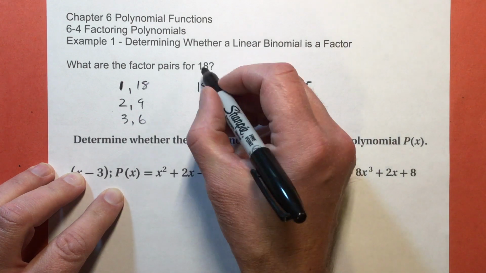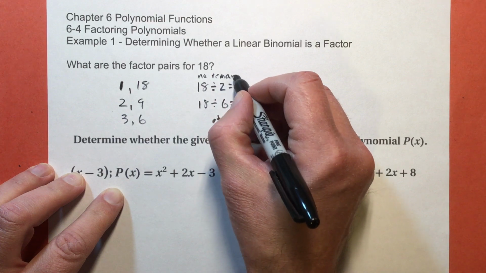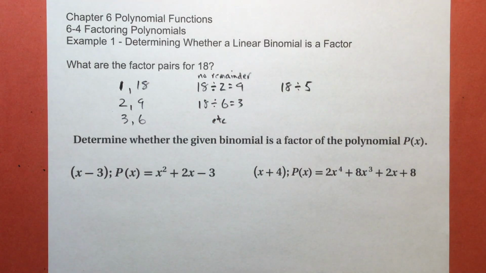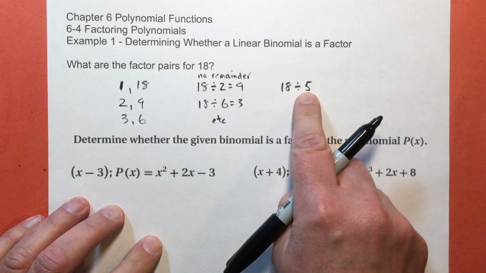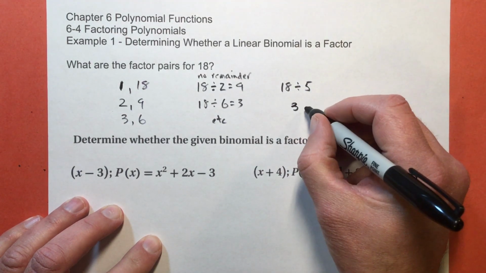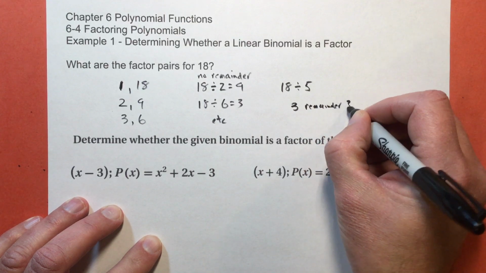Over here, I get no remainder. Why is there no remainder? Because they are factor pairs. They are all the numbers that I can pair up and multiply to give that. So if I divide 18 by any of these, I'm going to get the other number that goes with it, and I'm not going to get a remainder. But if I do 18 divided by 5, I'm going to get 3 remainder 3.